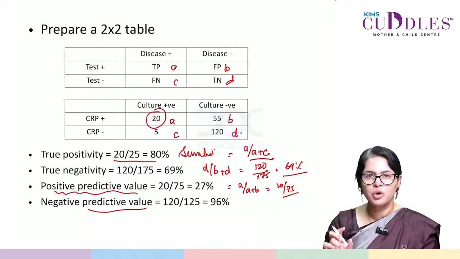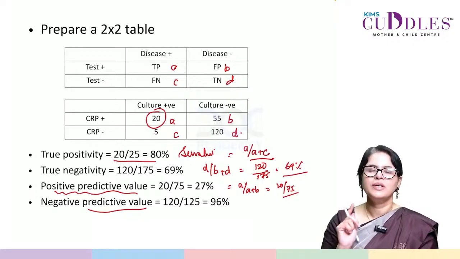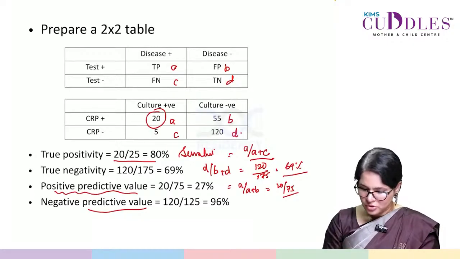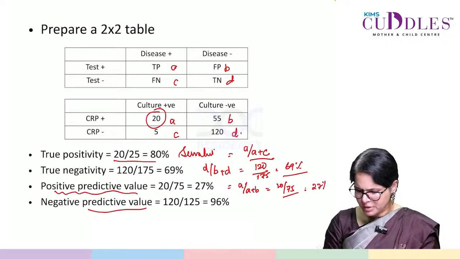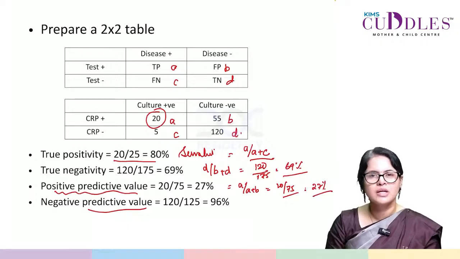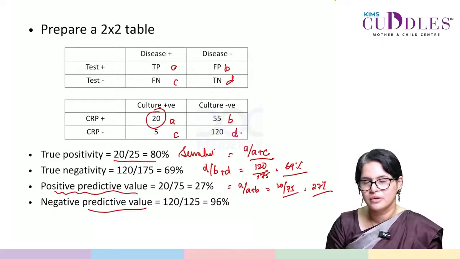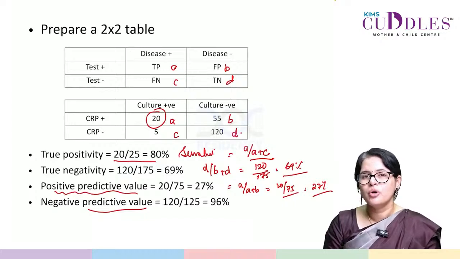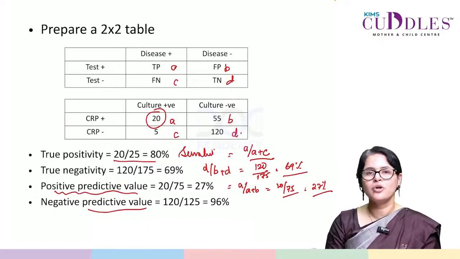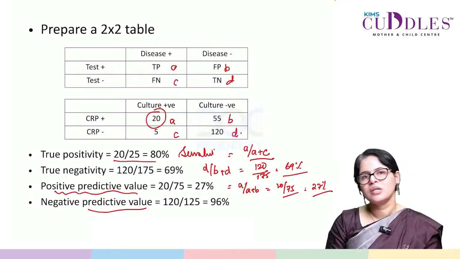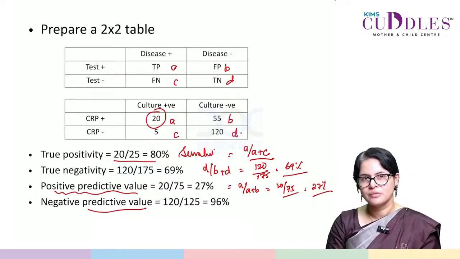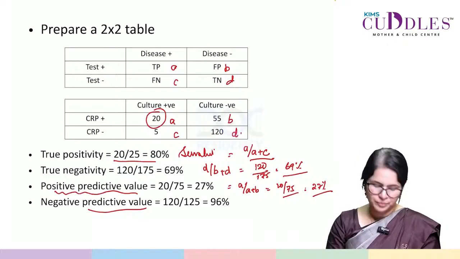Among 75 newborns with CRP positivity, only 20 were truly diseased. So this is the positive predictive value, which is 27%. Quite low. So CRP actually is known to have poor positive predictive value. Majority of newborns with positive CRP will actually not be having sepsis. CRP comes positive in various non-septic inflammatory conditions. So it has poor positive predictive value.